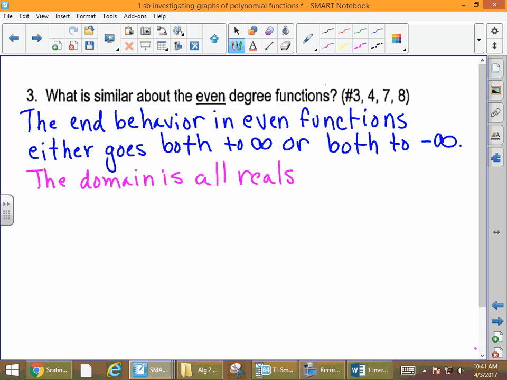But because they either both go to infinity on our end behavior or they both go to negative infinity on the end behavior, that's when our range is not all reals.